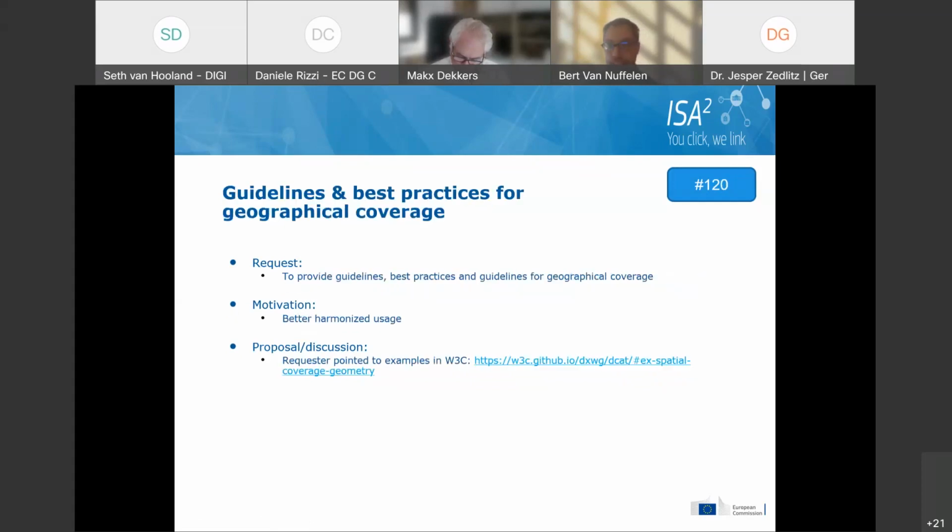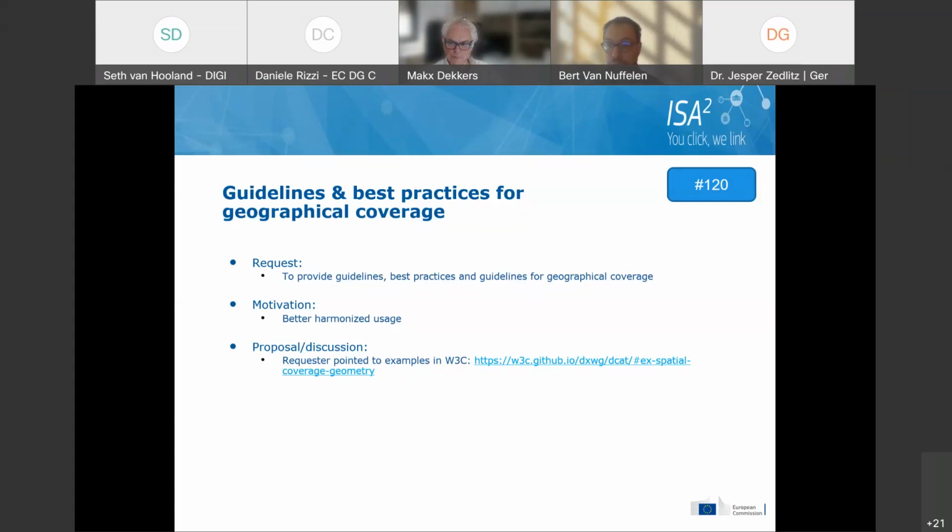Then we also had some requests about more guidelines and best practices, and this is one of them, on geographical coverage, to stimulate a better harmonized usage. There were mostly requests for examples, etc. W3C already did some work and added extra usage notes and examples in the DCAT specification.